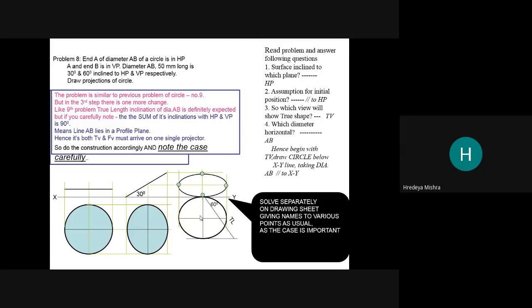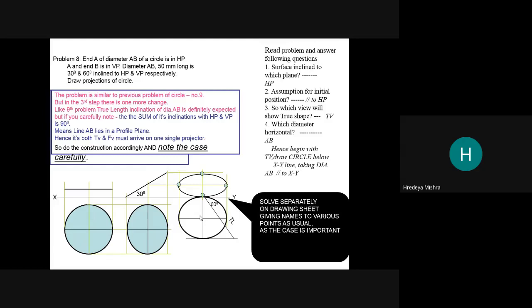What I told you is to always remember that in the vertical plane a dash is added and in the horizontal plane a dash is not there. Like we say there is a square ABCD, so if the square is on the horizontal plane, then we can say this is ABCD. But if the square is on the vertical plane, then what is the name? A dash, B dash, C dash and D dash.